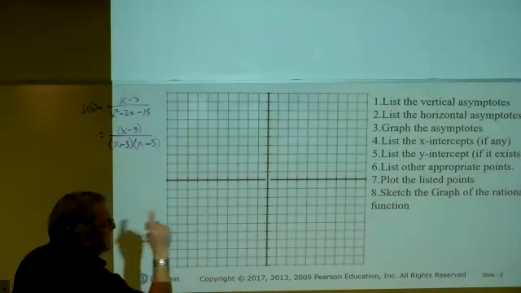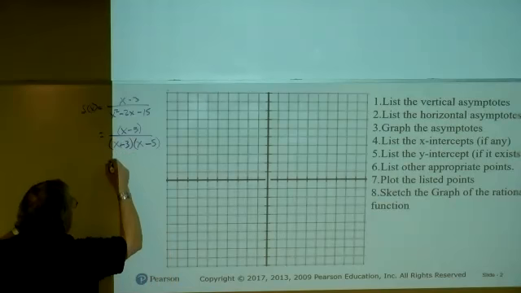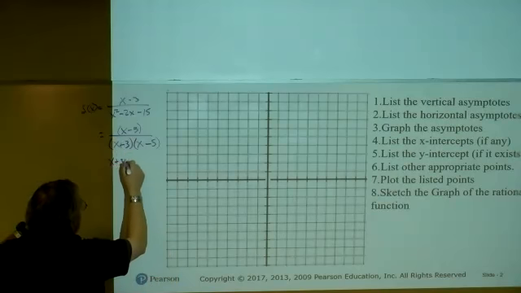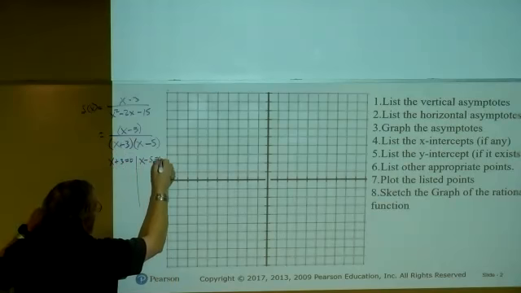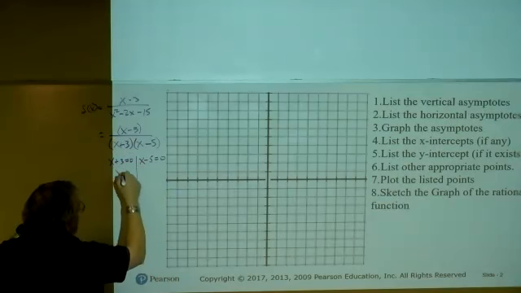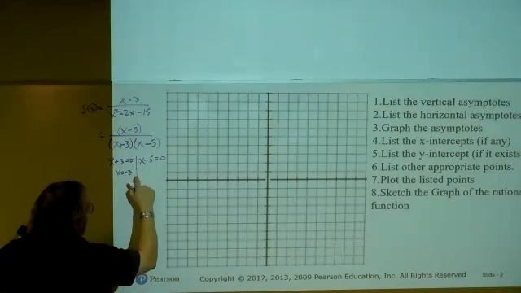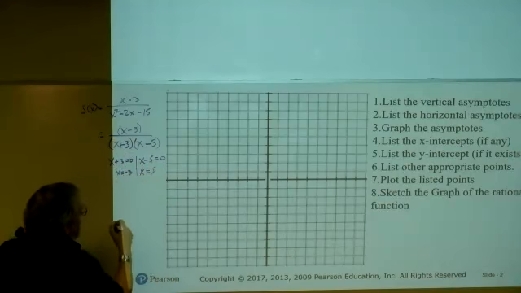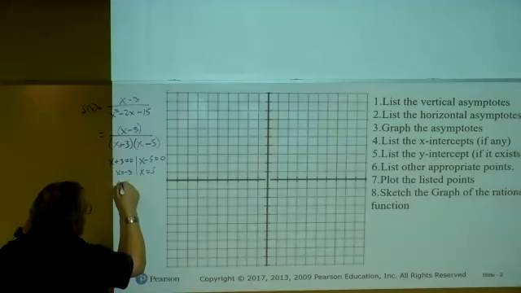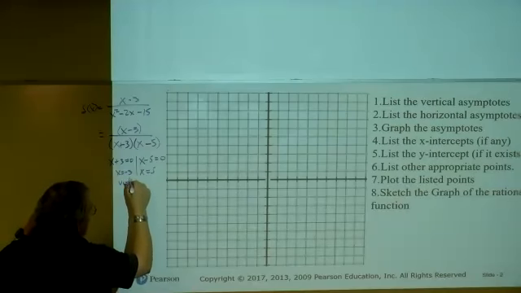Now I can set my denominator equal to 0. So I have x plus 3 equal to 0, and x minus 5 equal to 0. So here I have x equals a negative 3, and here I have x equals a positive 5. So these are my vertical asymptotes.